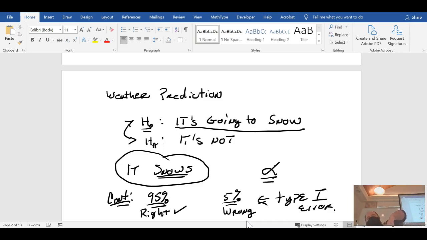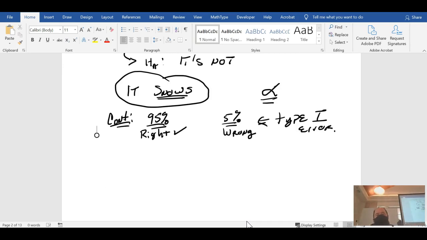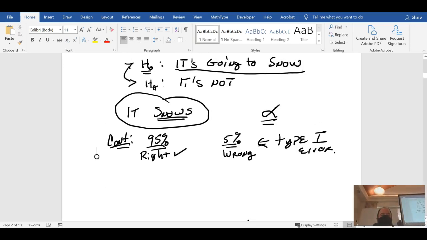Now, here's the type 2. The type 2 error in this case would be that the null was false, right? So the null said it's going to snow. The false would be that it didn't snow, right? So the type 2 error in this case would be it didn't snow, but we predicted the storm.